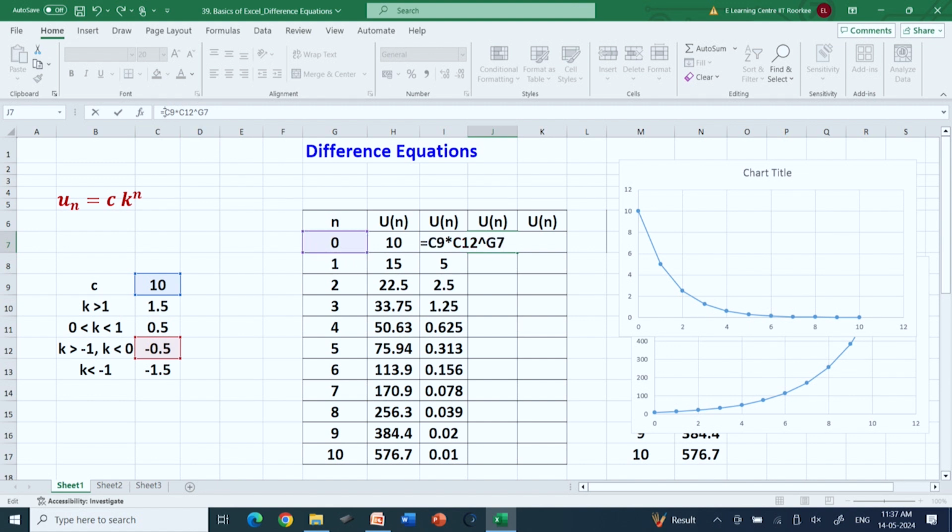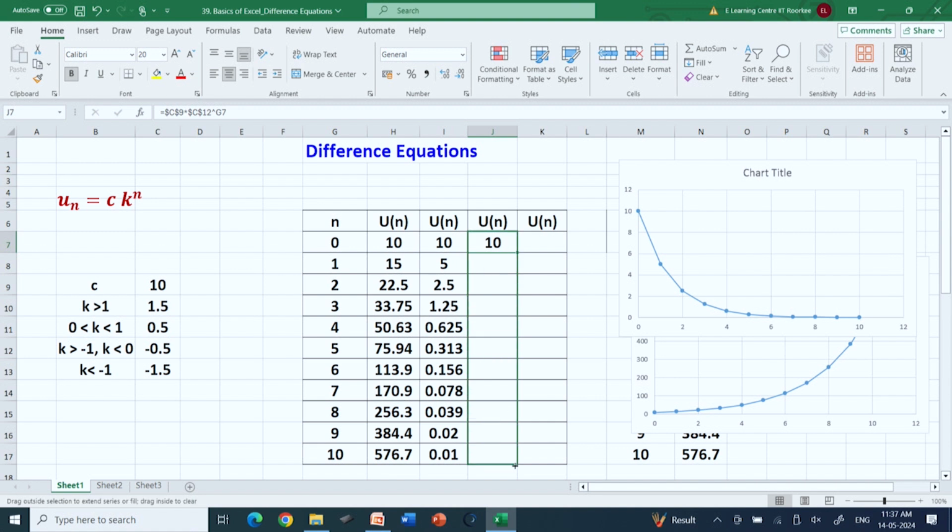This c is constant, and the value of k is also constant. While dragging, you make sure that your plus sign changes to a smaller black one, and you drag them and you get all these values.